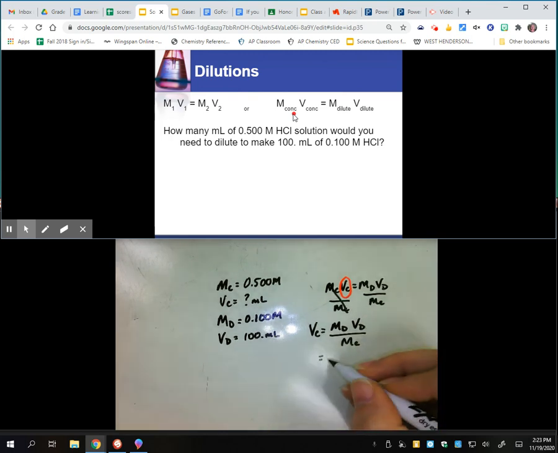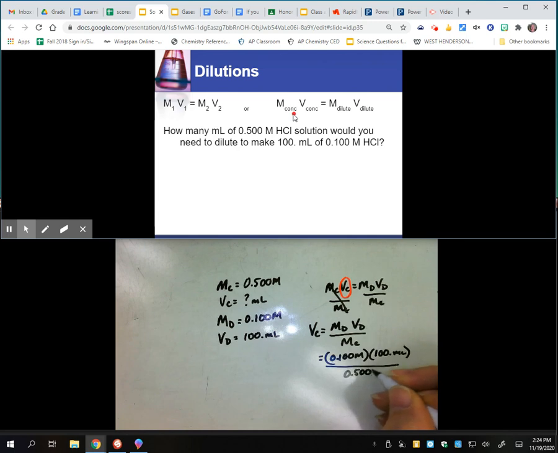Now I just need to plug in my numbers. So this is going to be 0.100 times 100 milliliters divided by 0.500.